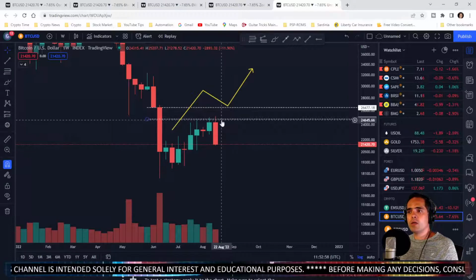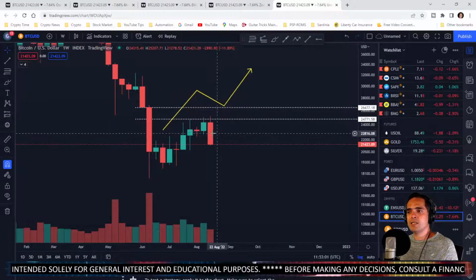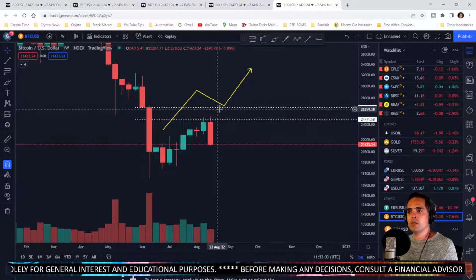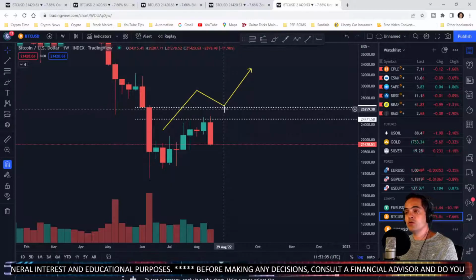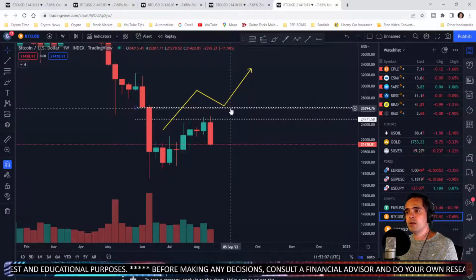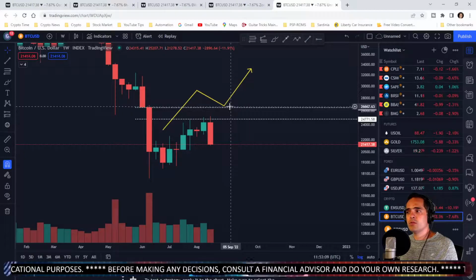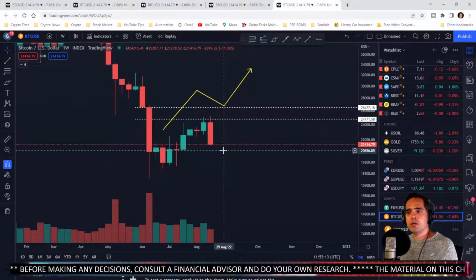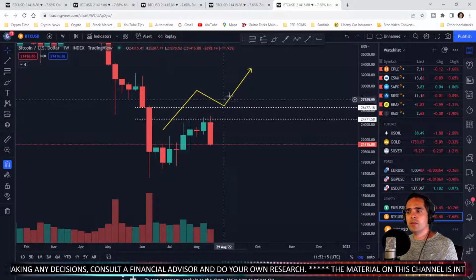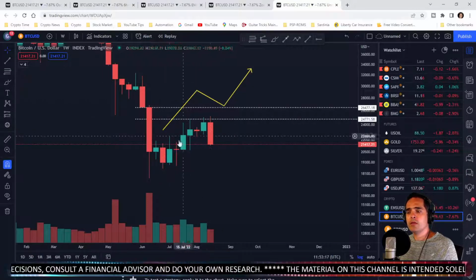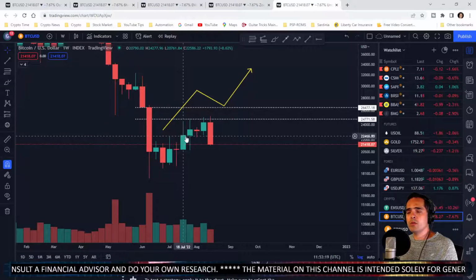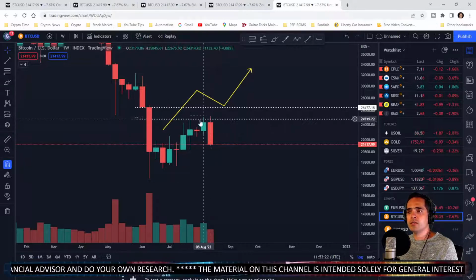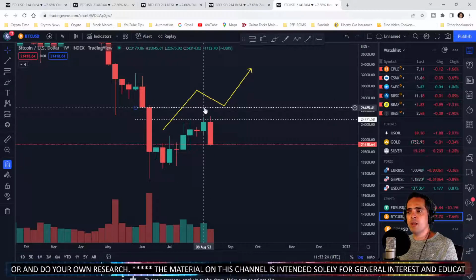So we didn't see the price touch this upper line here, which is the 26K, and to be bullish, that's why we have this yellow arrow here, we would have to see the price moving above this white line.